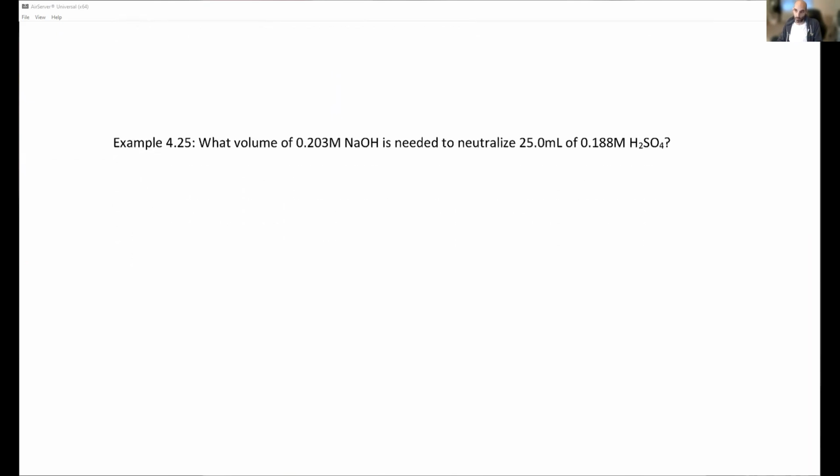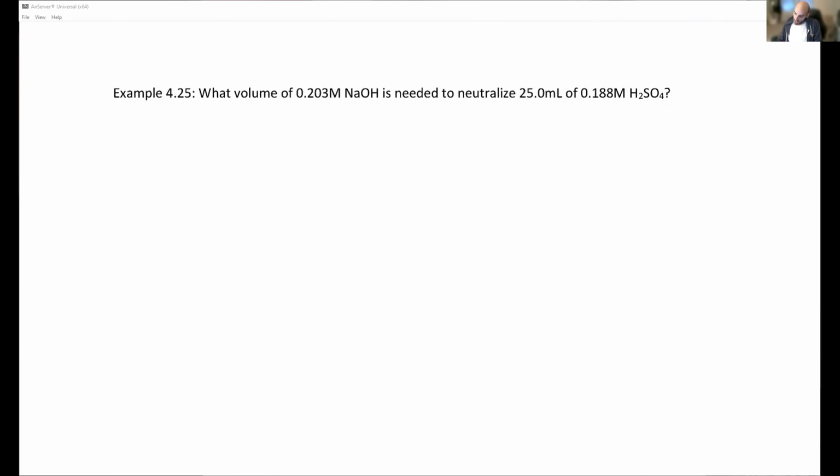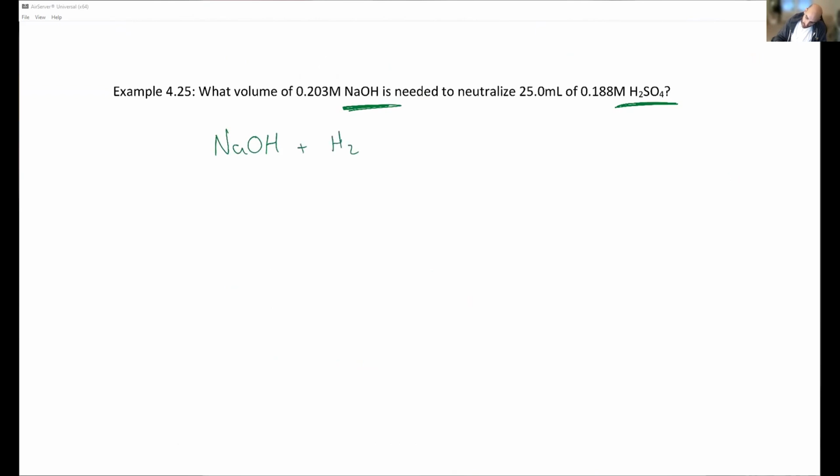So, example 4.25, H2SO4 added to this. Write out the balanced chemical equation, because it's no longer 1-to-1. But again, we can still set that up. In fact, I'll start this one for you. If I have NaOH combined with H2SO4 goes to products, I don't care about the products.